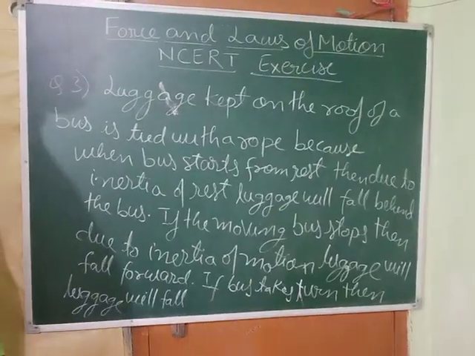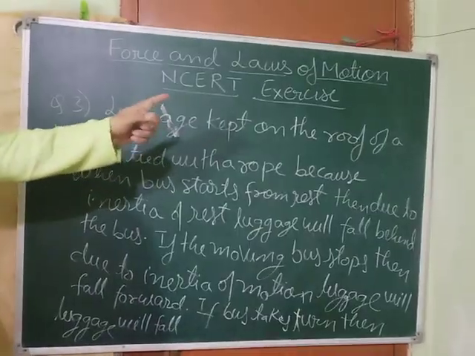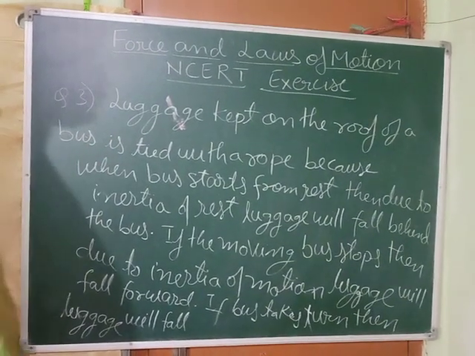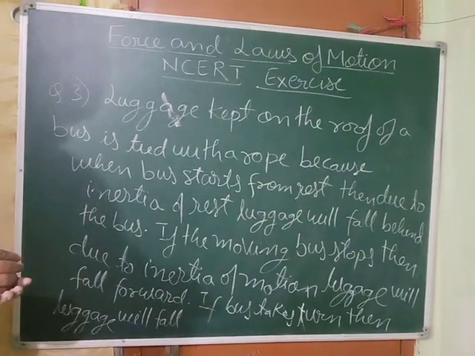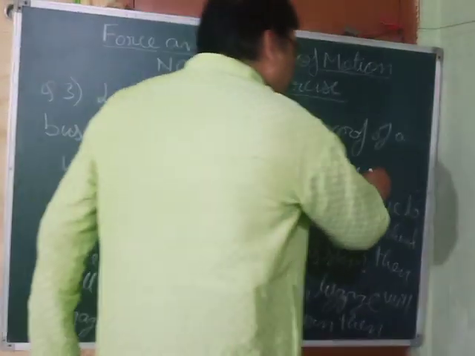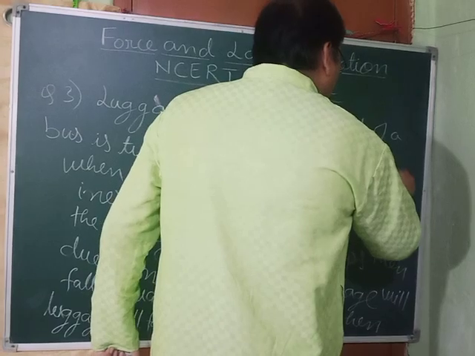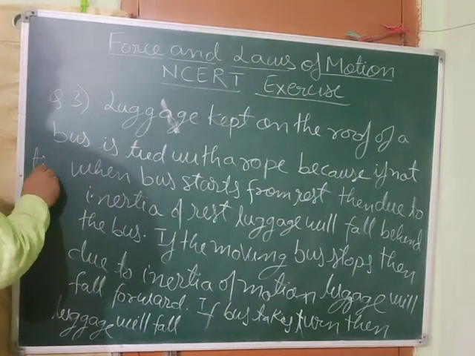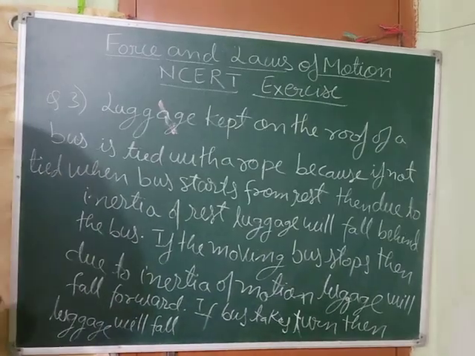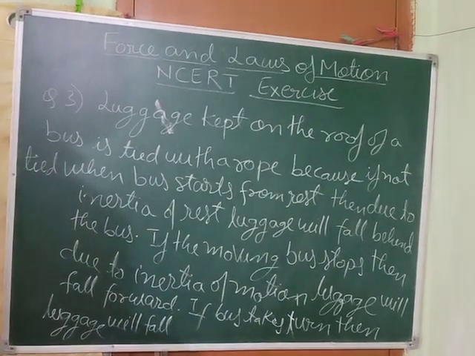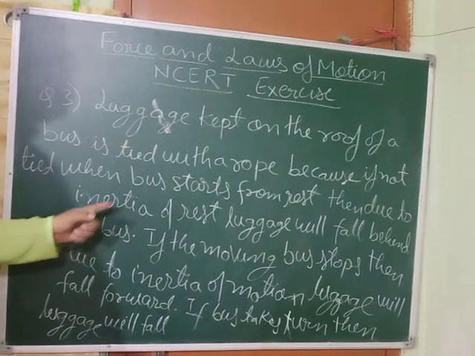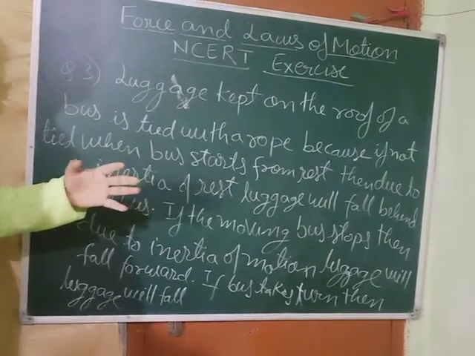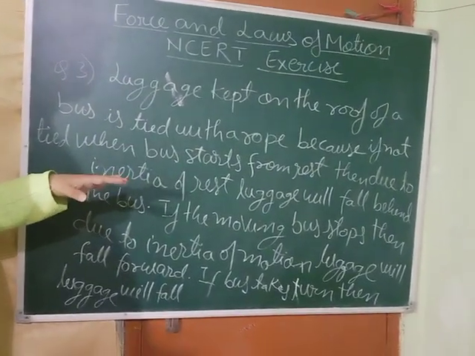Luggage kept on the roof of a bus is tied with a rope because, if not tied, when the bus starts from rest, then due to inertia of rest, the bus will come in motion but the luggage will remain at rest.